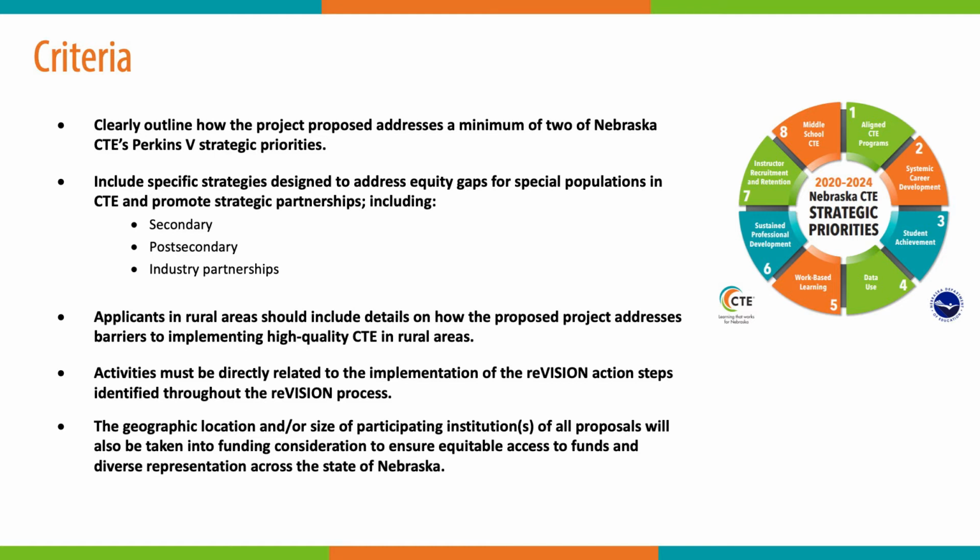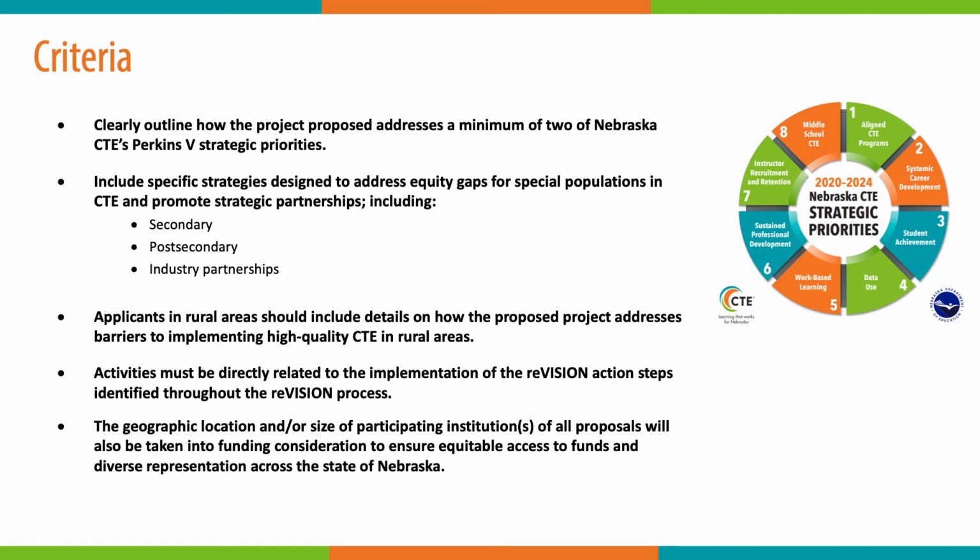Include specific strategies designed to address equity gaps for special populations in CTE and promote strategic partnerships, including secondary, post-secondary, and industry partnerships. Applicants in rural areas should include details on how the proposed project addresses barriers to implementing high-quality CTE in rural areas.